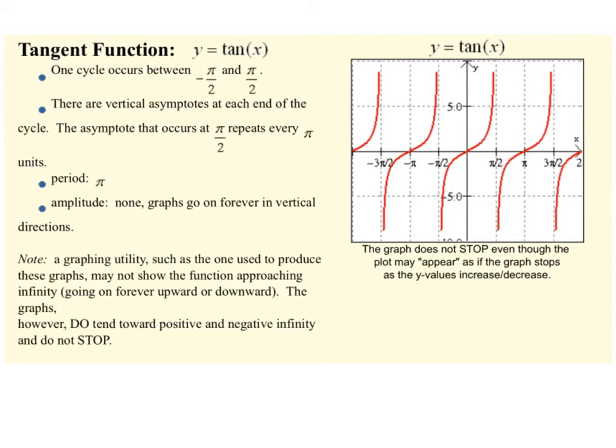We can manipulate it just like we can sine and cosine. But it's important to know that this thing doesn't have an amplitude because it goes on to positive infinity and negative infinity. And something to note here is that your calculator may show that the tan function stops. Some calculators do that visually. Don't be fooled. It will go on forever in both directions on the y-axis.